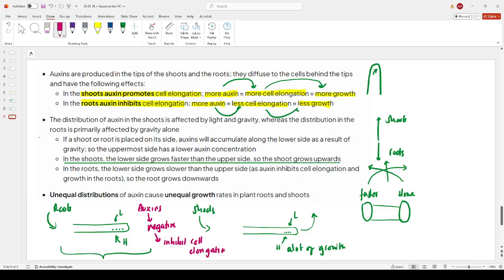And therefore, is it more growth or less growth? Fantastic, less growth. So because it's less growth, where is this going to curl? Is it going to curl up or down?